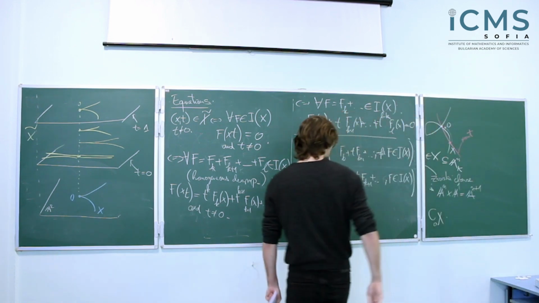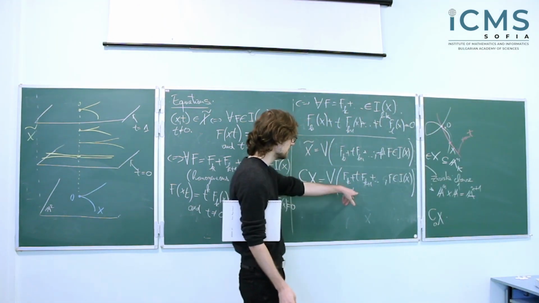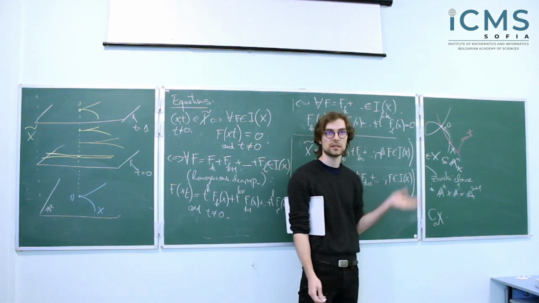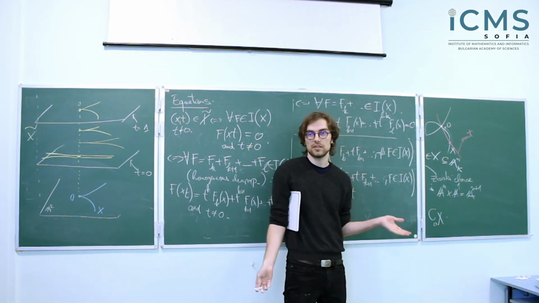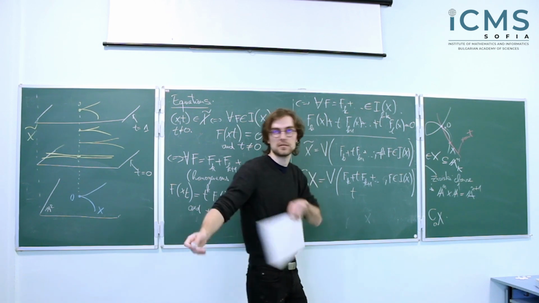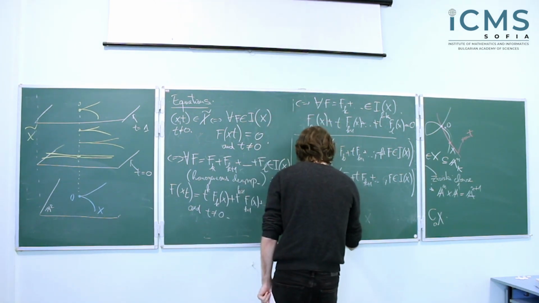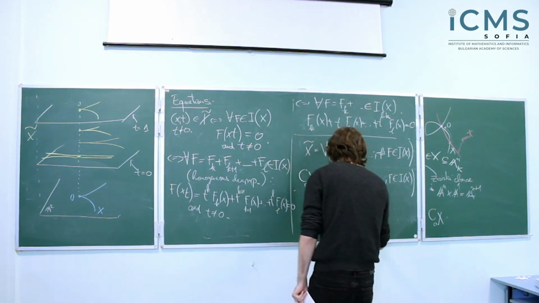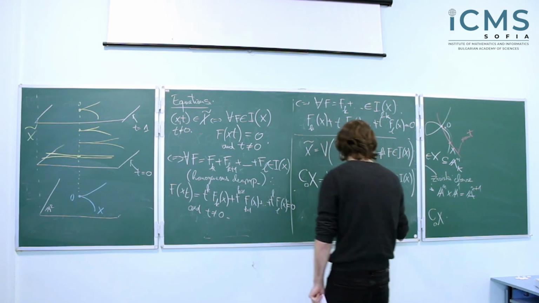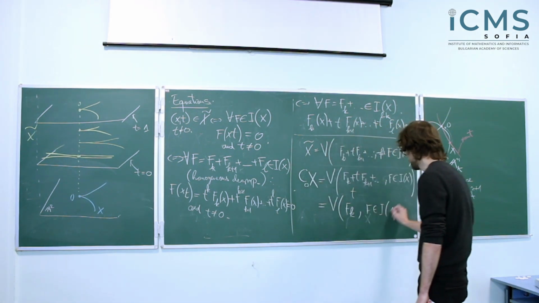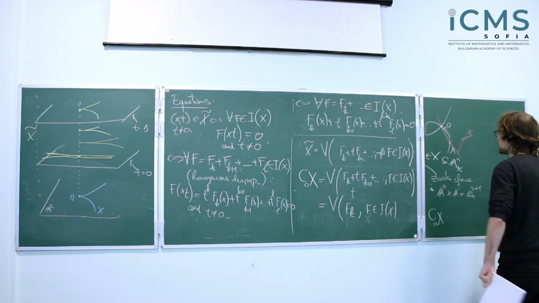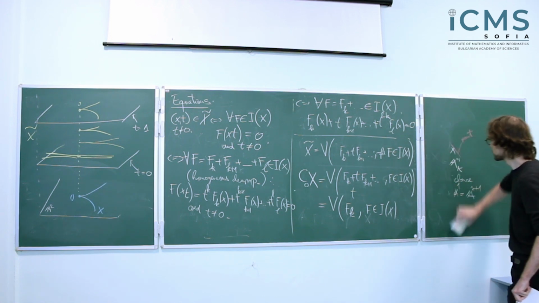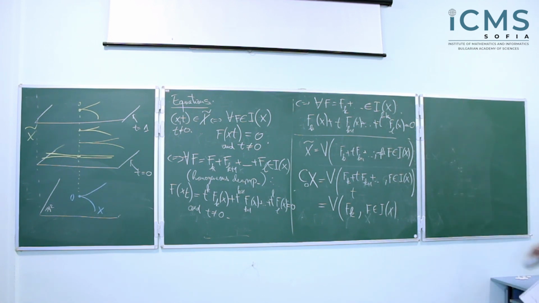But what happens if t equals 0? All of these terms disappear. If t is equal to 0, then all these terms are just out. So what is this? This is f_k, for f in I(X). Now, f_k actually has a particular name. It's called the initial term or the leading term of a polynomial.